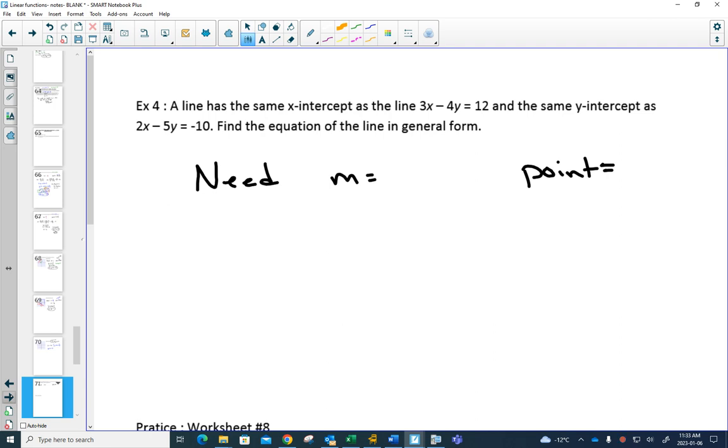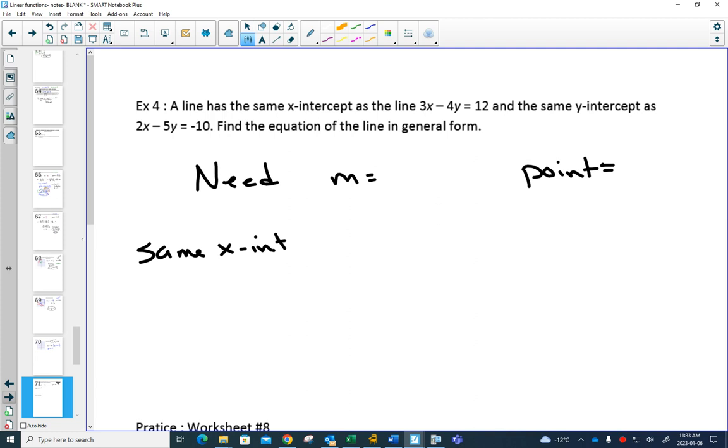So a line has the same x-intercept as 3x minus 4y equals 12, and the same y-intercept as 2x minus 5y equals negative 10. So what does that mean? Well, the same x-intercept would tell me a point, right?